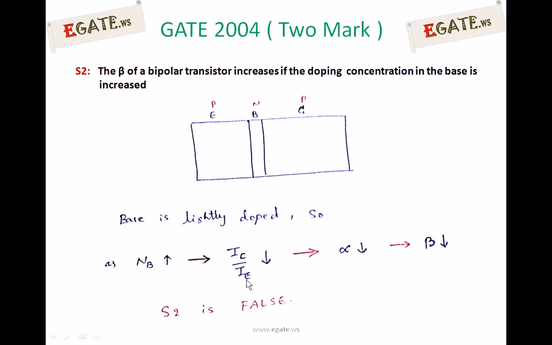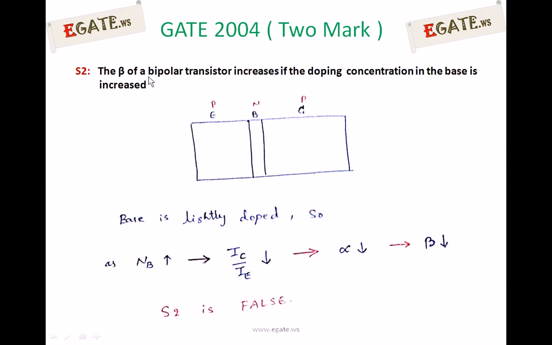So IC by IE reduces. The ratio IC by IE is alpha, so alpha reduces. When alpha reduces, beta reduces, since beta is equal to alpha by 1 minus alpha. So as doping concentration increases, beta has to reduce.